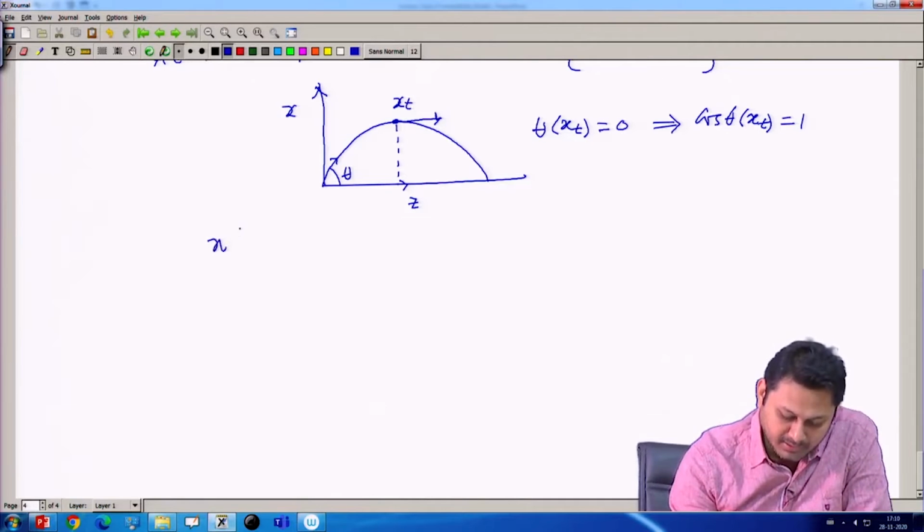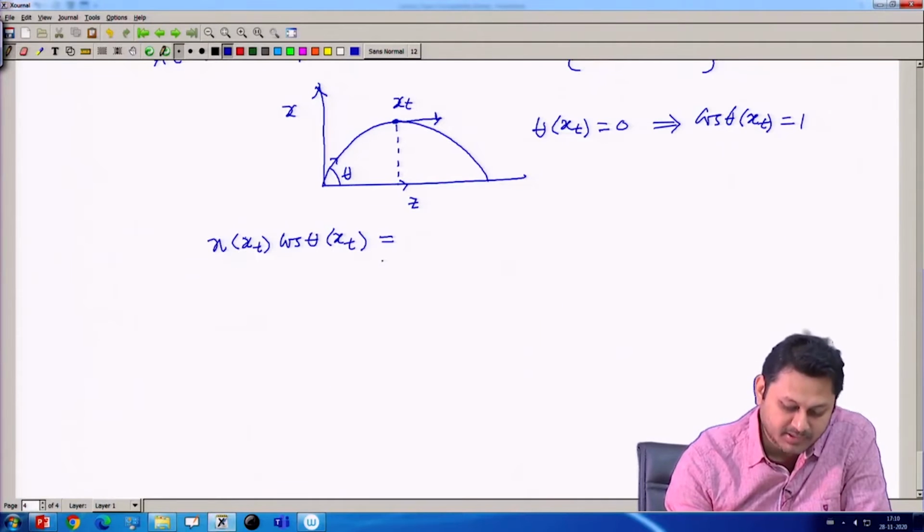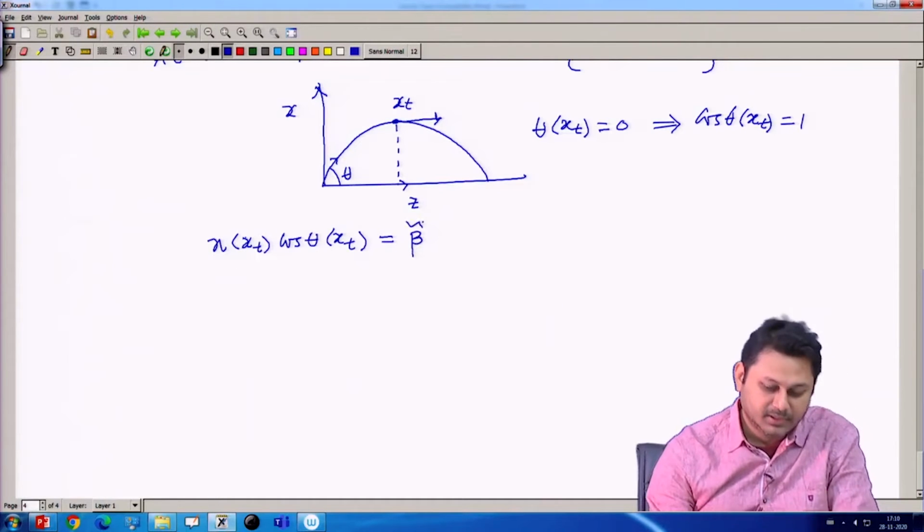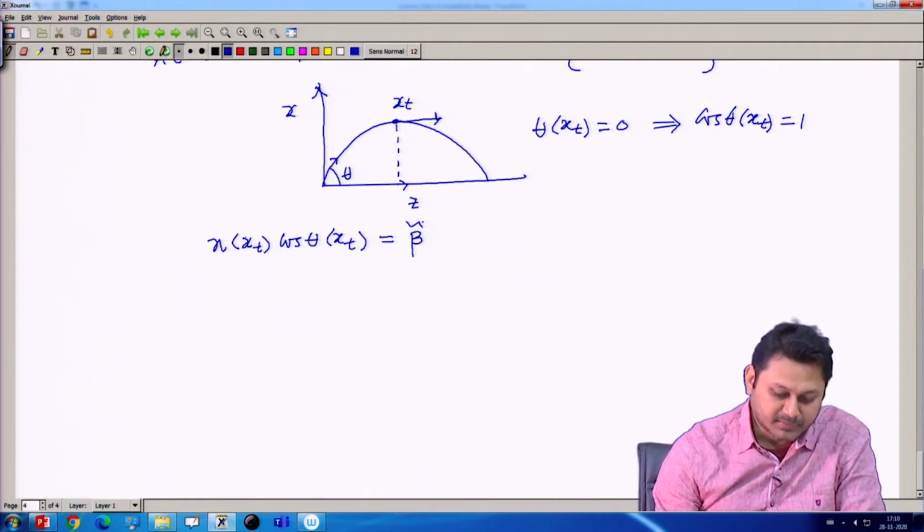Now, n at x t times cos theta at x t is a quantity that is always constant. This constant we all know: it is beta tilde, the ray path constant.